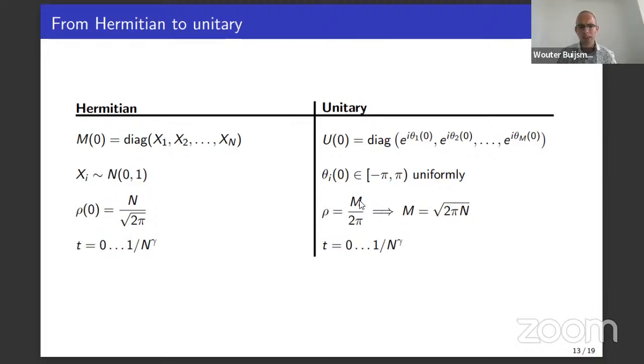We want these quantities to be the same, and by that you need to choose m as the square root of 2 pi n. So if we choose this number of levels, then the dynamics of the Hermitian and the unitary Rosenzweig-Porter ensembles are really the same. And if we evolve them up to the same time, then we really get two of the same ensembles. Of course, you can also take the number of levels n and incorporate it in the time until which you evolve an ensemble, but this is a bit more complicated.